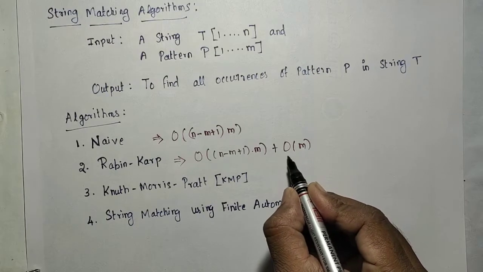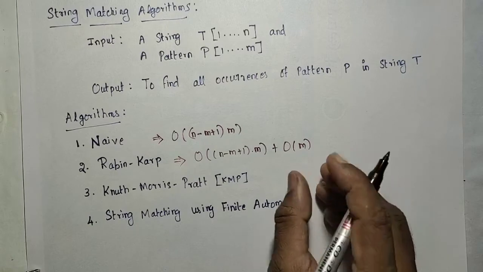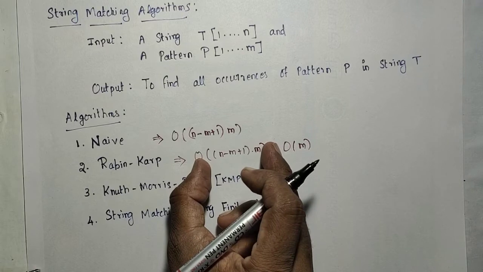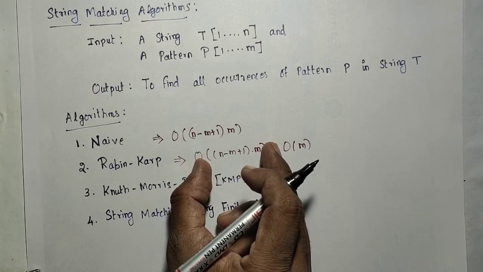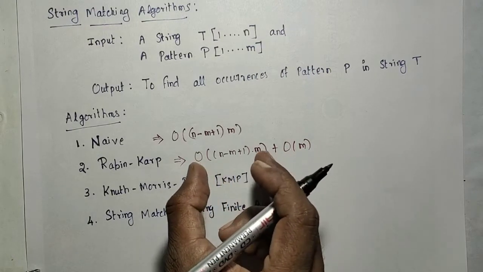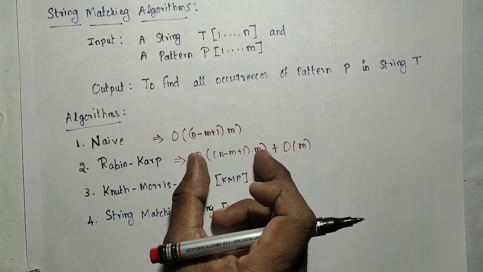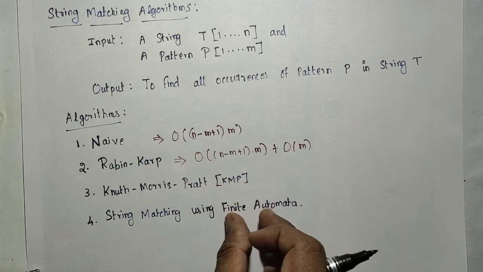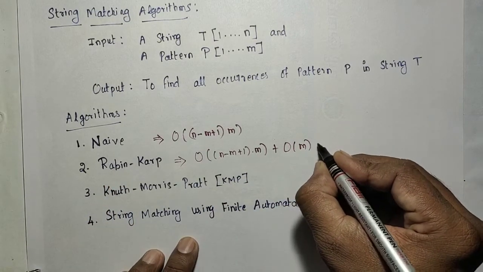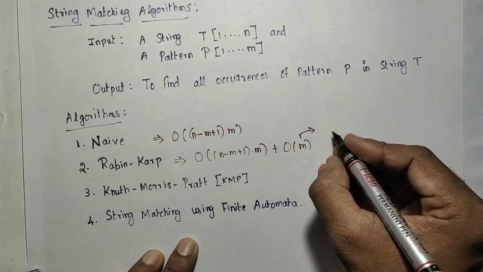For the pre-processing we need an O of m algorithm. After doing the pre-processing, this complexity is for searching a pattern in the main string. If you do this pre-processing, we may reduce the number of comparisons in the main searching. You will understand when we discuss that algorithm. So this is the complexity, and that O of m is for the pre-processing.